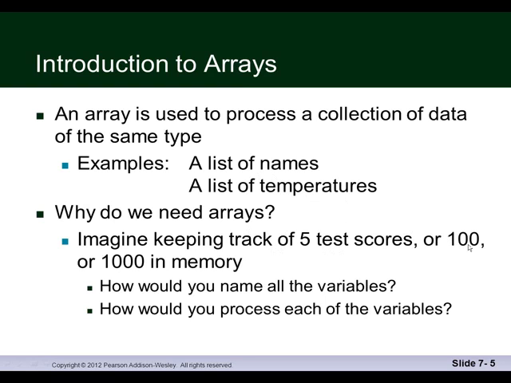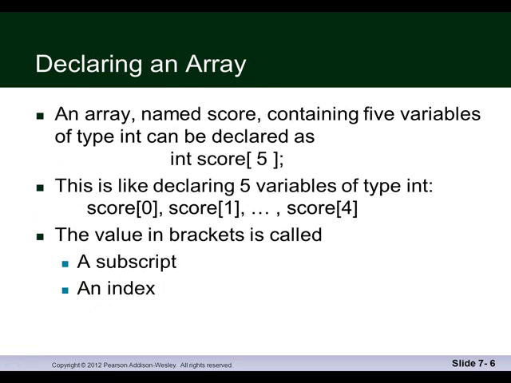What's going to happen if we have 100 or 1000 scores in memory? How are we going to save those things and how are we going to name them? So if I say score 5, that means I'm creating a list of 5 scores, right?